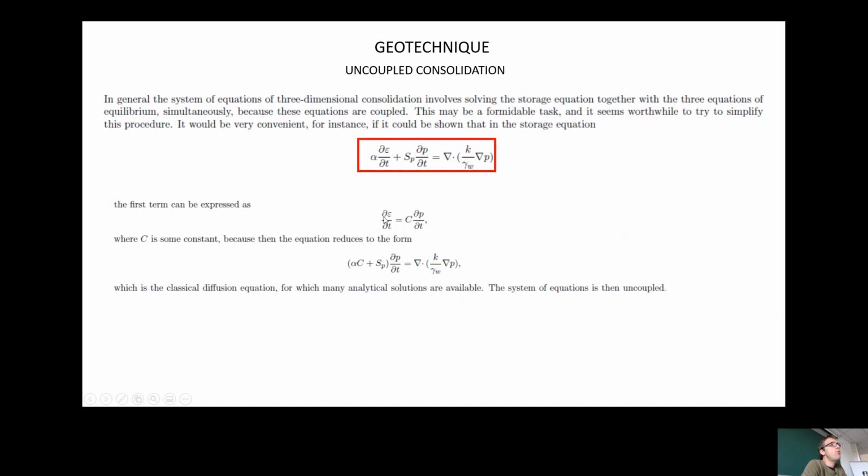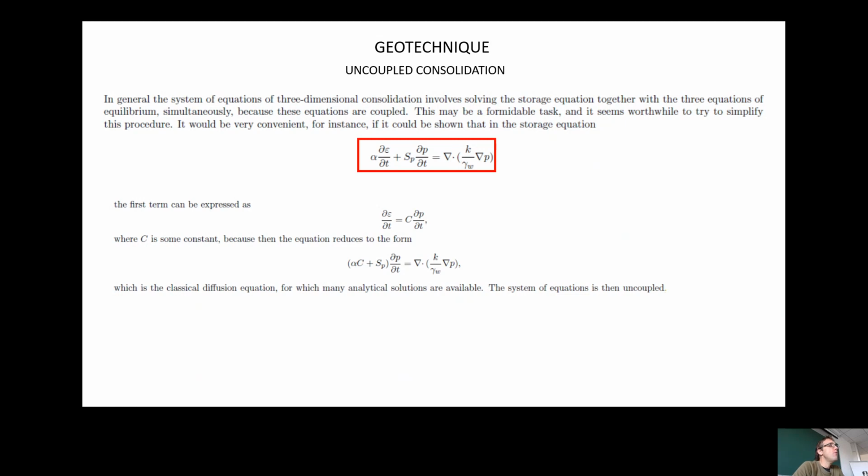See here, if we put this inside the derivative of epsilon, we have alpha plus C, plus Sp, that all multiply the derivative of the pressure in time.